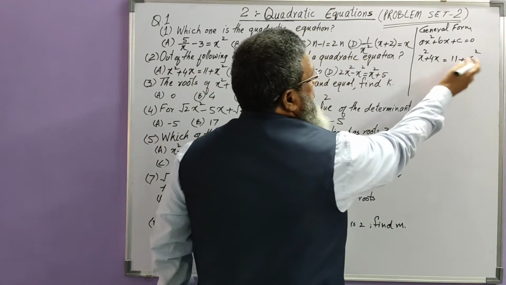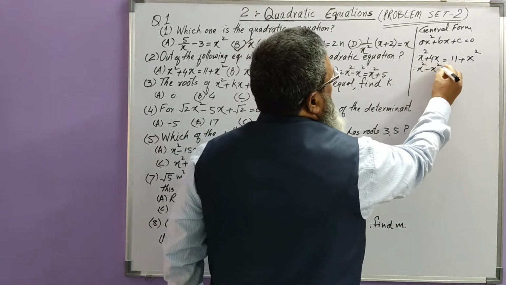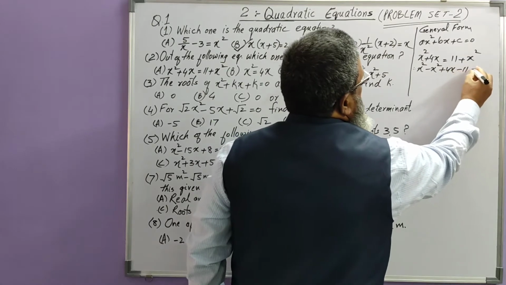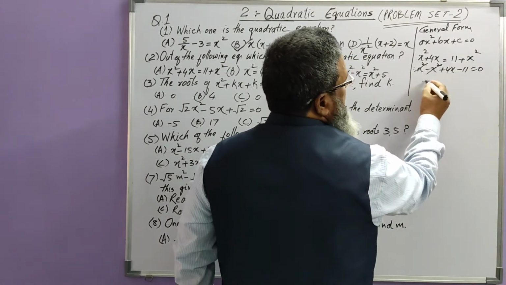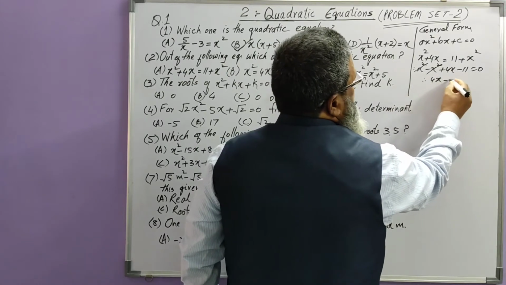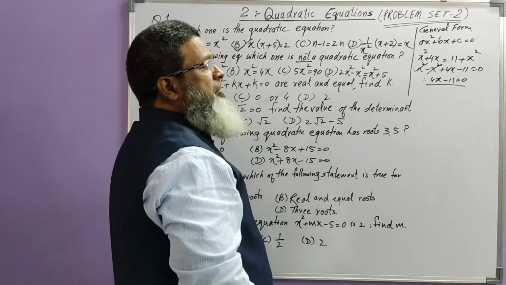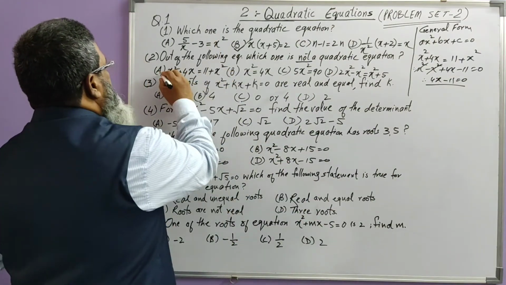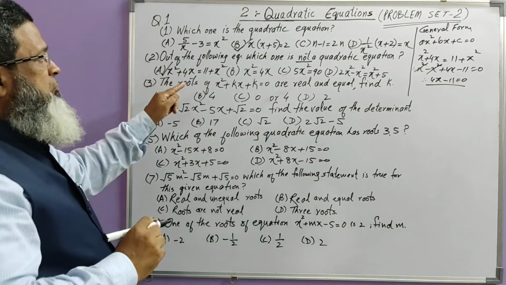If you take x square to the left side, so x square minus x square plus 4x minus 11 is equal to 0, and this x square plus and minus will get cancelled, so we will get 4x minus 11 is equal to 0. It is not in the general form, so it is not a quadratic equation. So you find this first one, A, is not a quadratic equation.